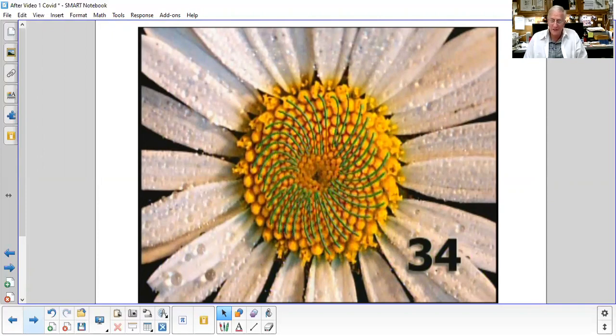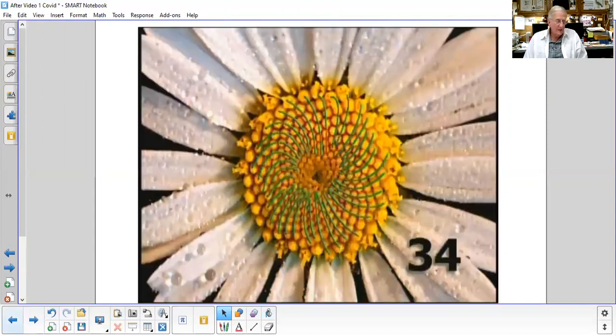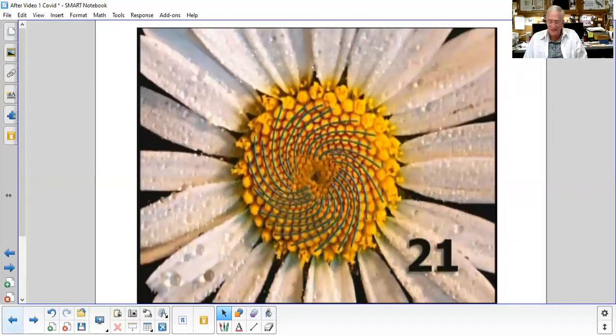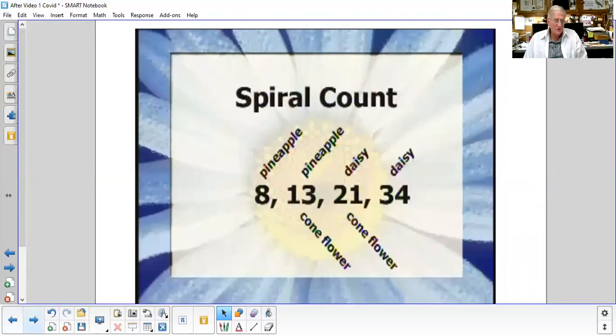All right, so what's our seed pod count, or our spiral count, now that we've developed so far? Well, you notice the 21 was in the coneflower. It was also in the daisy here, right? And then, of course, we had 34 for the daisy.